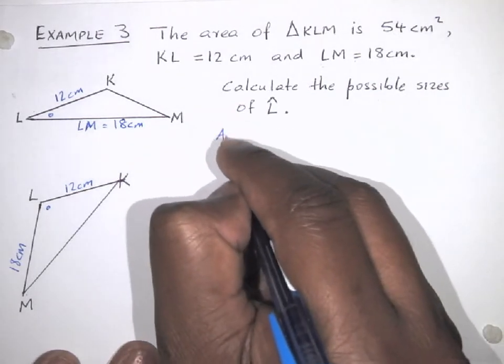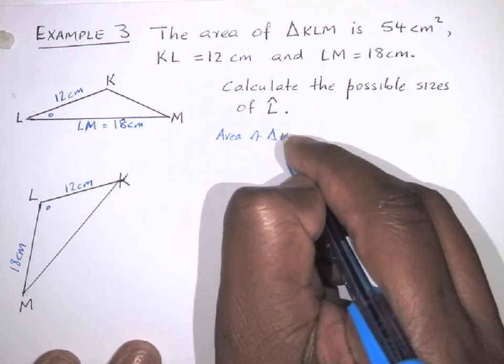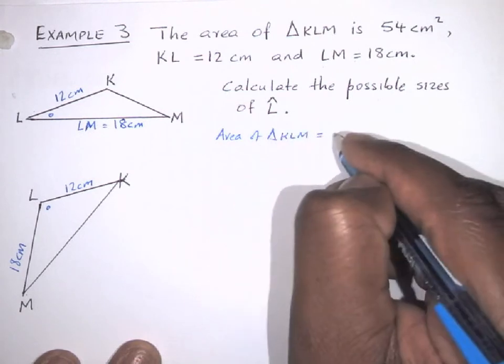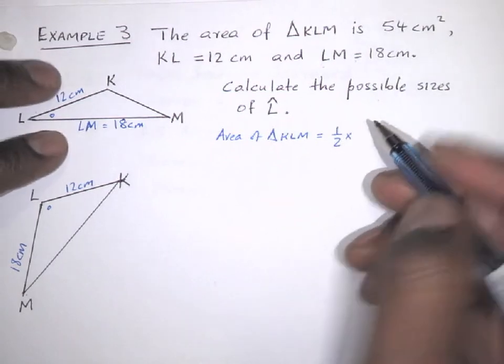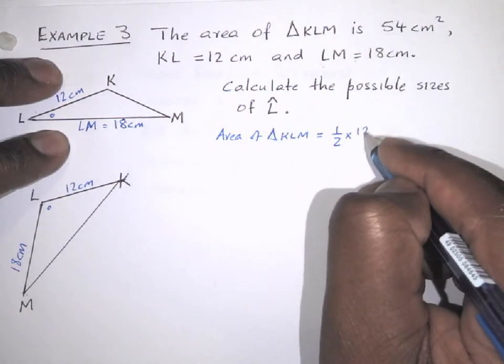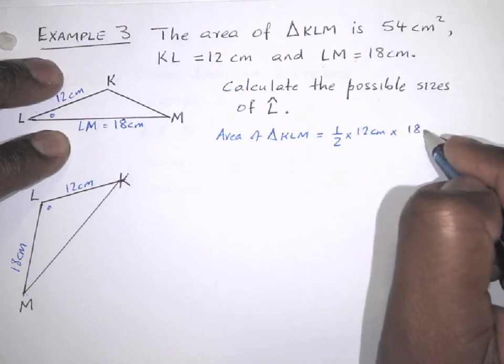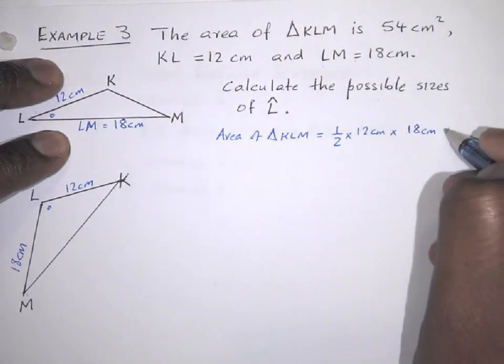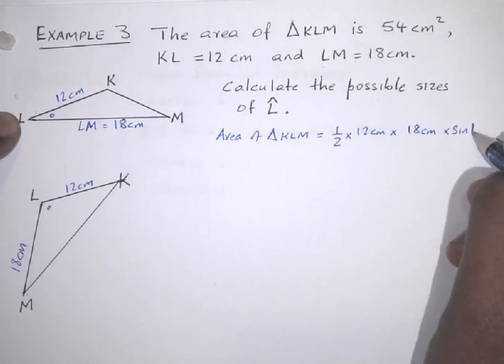The area of a triangle KLM is equal to, we know it's half multiplied by the two sides, which are 12 centimeters multiplied by 18 centimeters. Then we multiply it by sine of angle L over there.